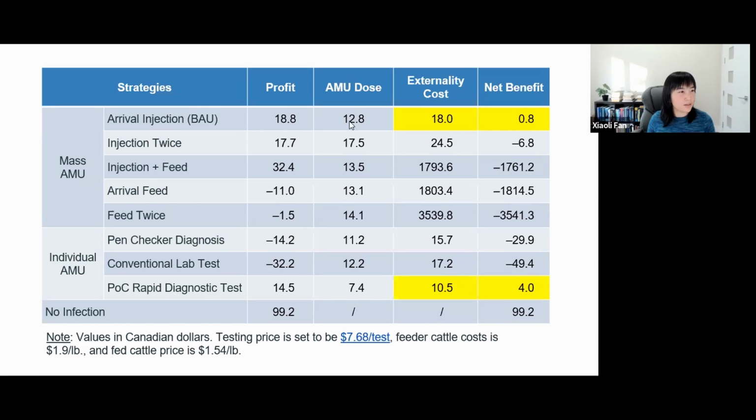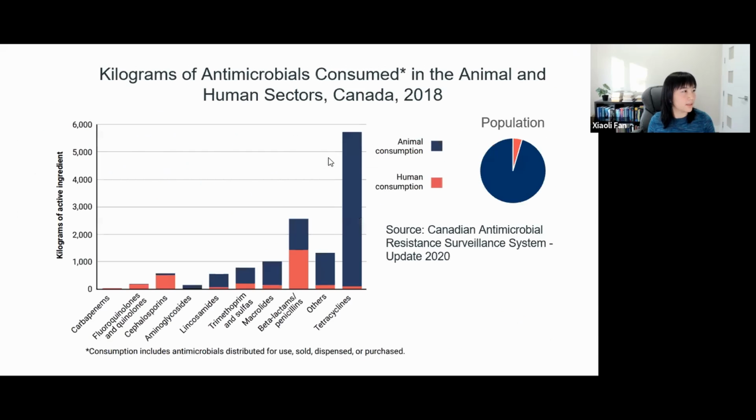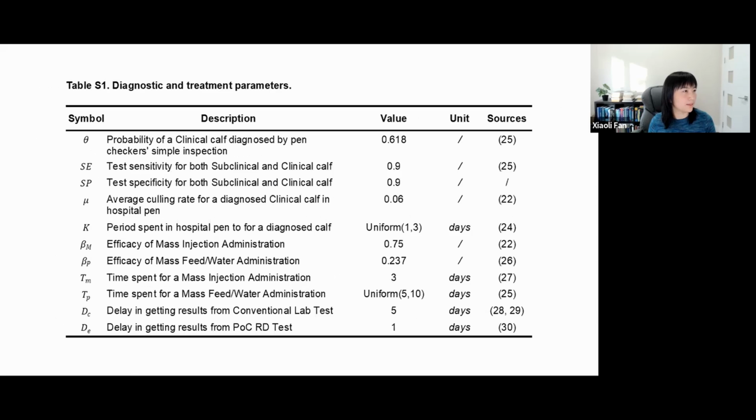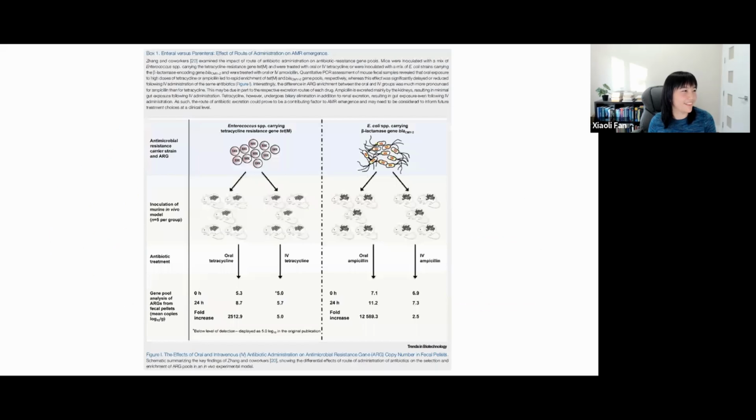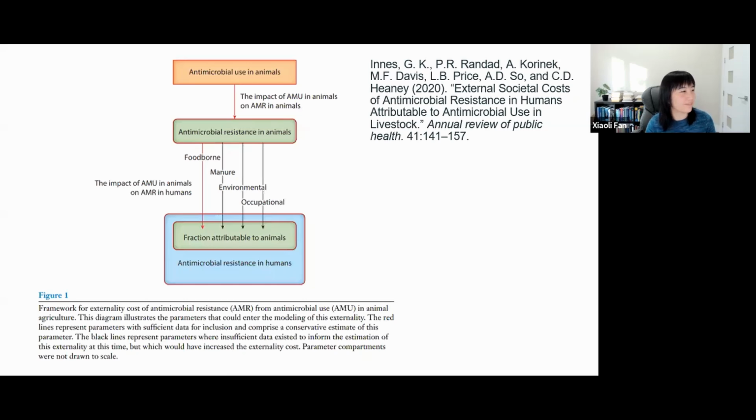Yes, so I actually have another slide. Let me see. I have it. Here, this one. So this is how Ennis et al. calculate the externality cost. It is basically the antimicrobial resistance in food animals that's imposed on human society.